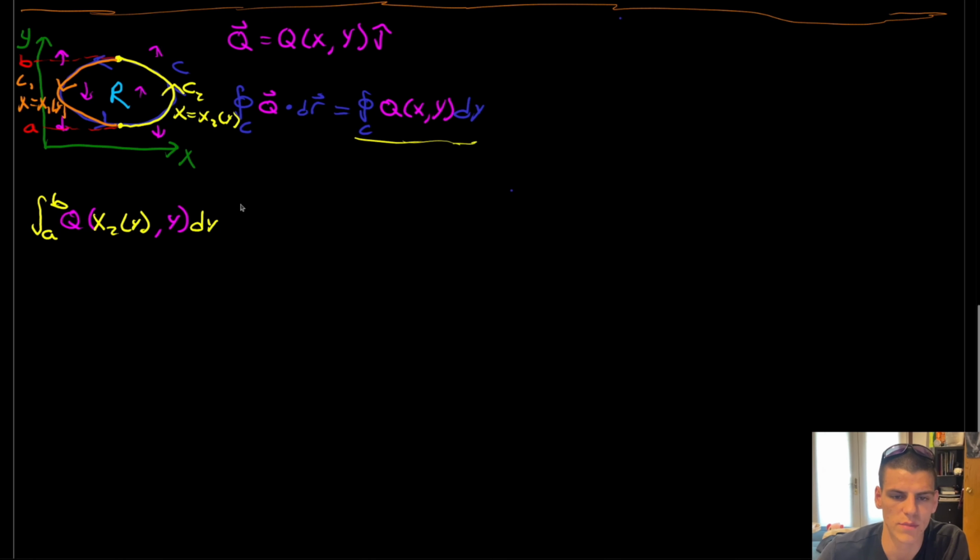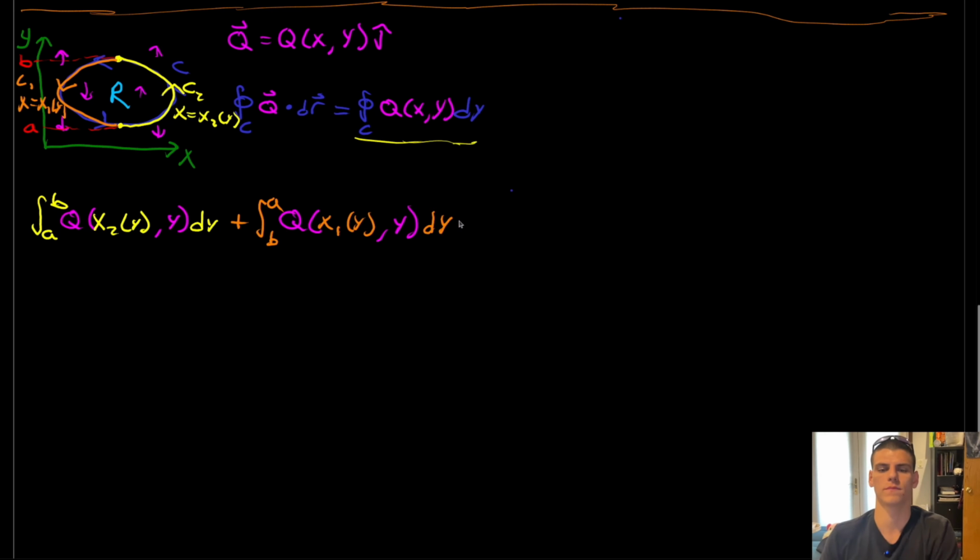And then for this bottom curve, we're going to add on the integral from, counterclockwise, we're going from b as the lower bound towards a as the upper bound. So we're going to put b on the bottom, a on the top, of the Q function where the x we plug in is x1 of y, and then we'll plug in y, all times dy.